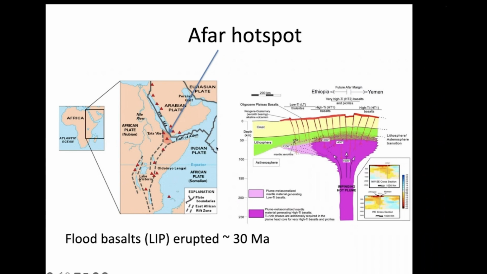There was a large igneous province developed in Ethiopia and Yemen on the other side at about 30 million years, and now it's lots of igneous activity just in this focus region in what's called the Danakil Depression. So that's a good example of an active mantle plume on the continents.